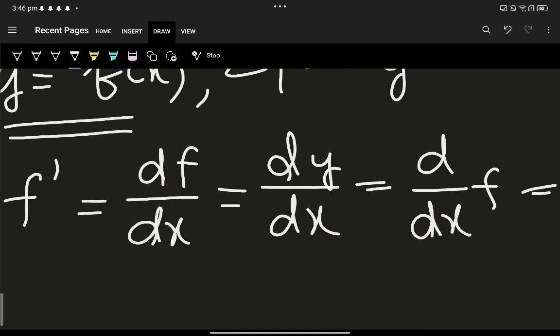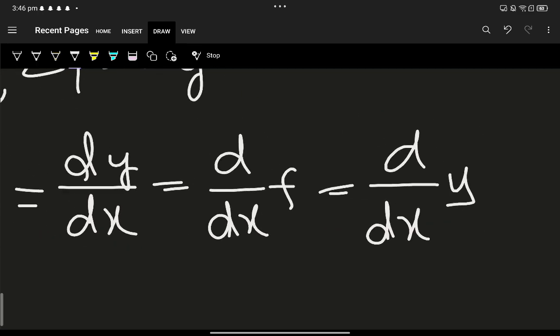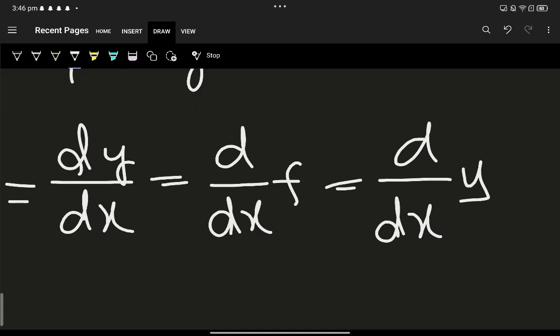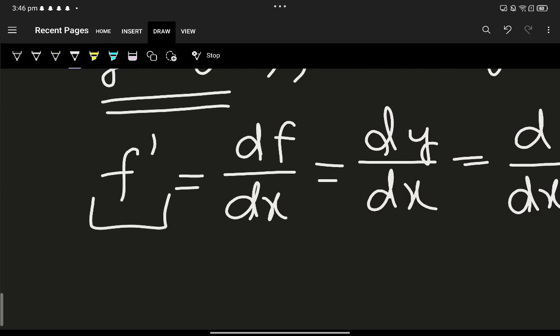So yeah, this is the notation. f dash is equal to f prime is equal to df upon dx, that is equal to dy upon dx, and that is equal to d/dx f, like you can just say dy by dx. Okay, this notation right over here was used by Newton when he was creating the new field of calculus. And then the fathers of calculus, there are multiple fathers of calculus.